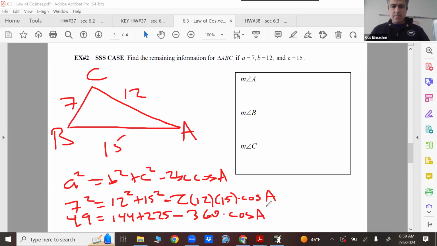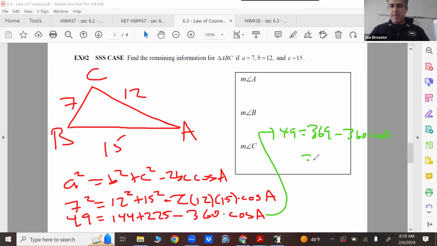What some students will do, don't write this down, is they'll do this. 49 equals, they'll add 144 to 225, which is what, 369, I think. Yeah. Don't write this down.